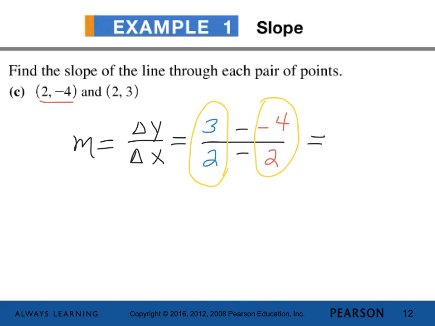And this time I have 3 minus -4 is 3 plus 4, or 7. And 2 minus 2 is 0. And this is a very important point here. I want to emphasize this to you.